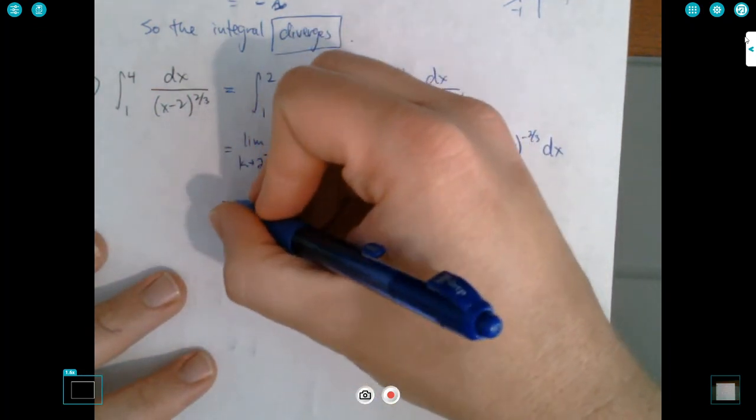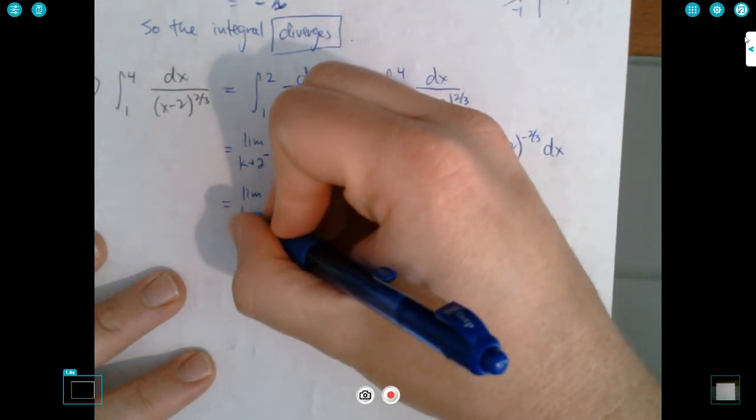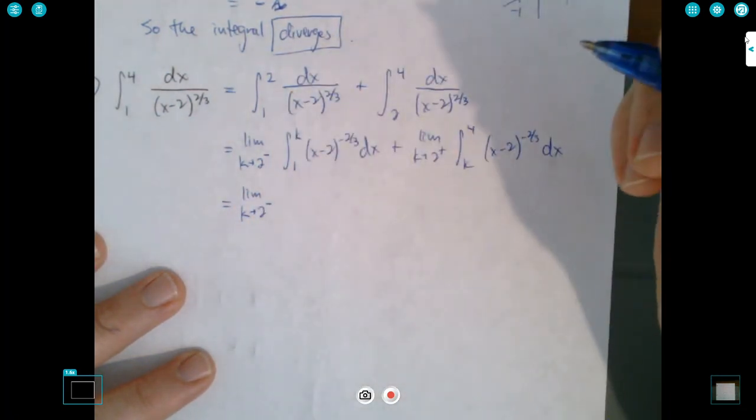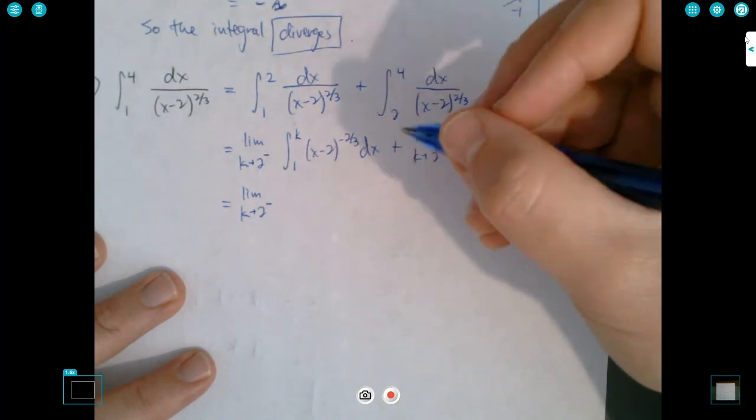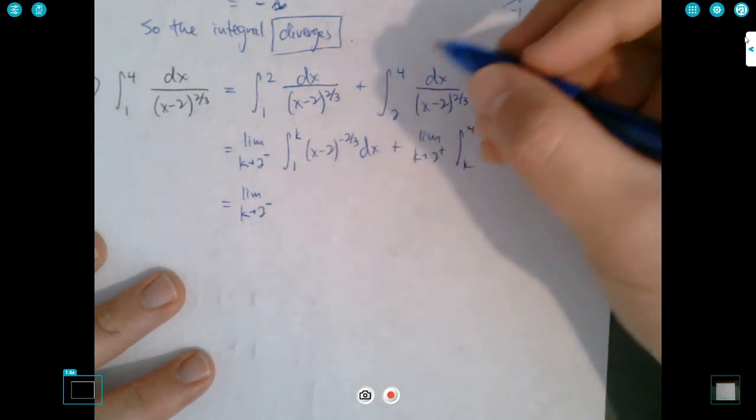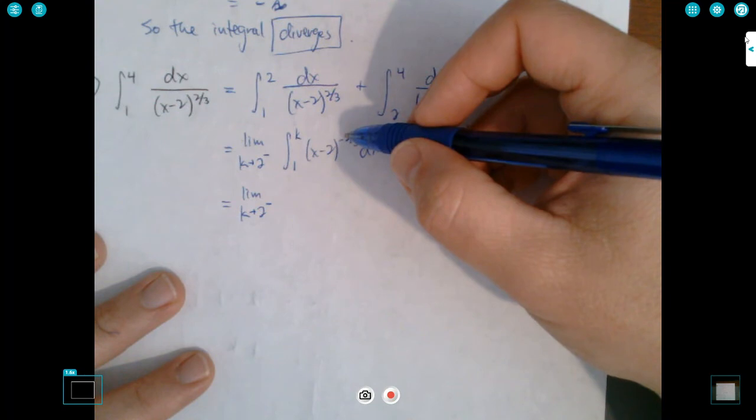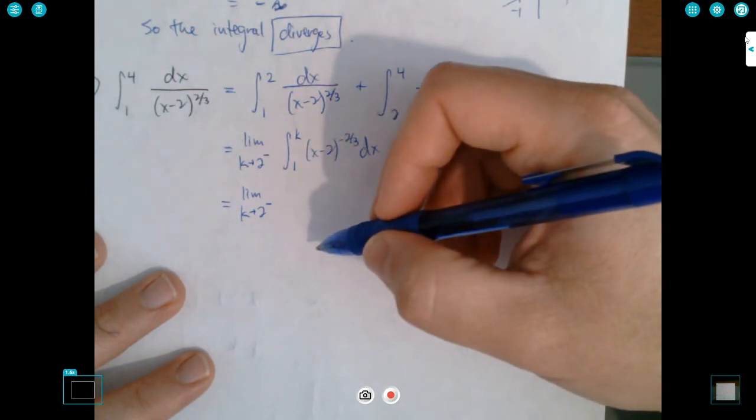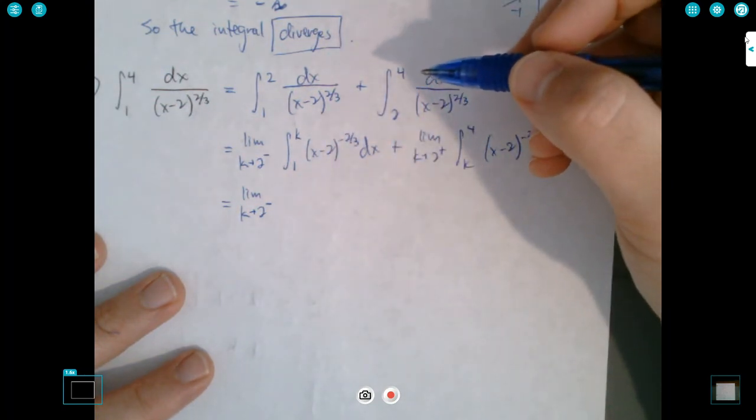So this is going to be the limit as k approaches 2 from the left of (x minus 2) to the 1/3 divided by 1/3, so it would be 3 times (x minus 2) to the 1/3.